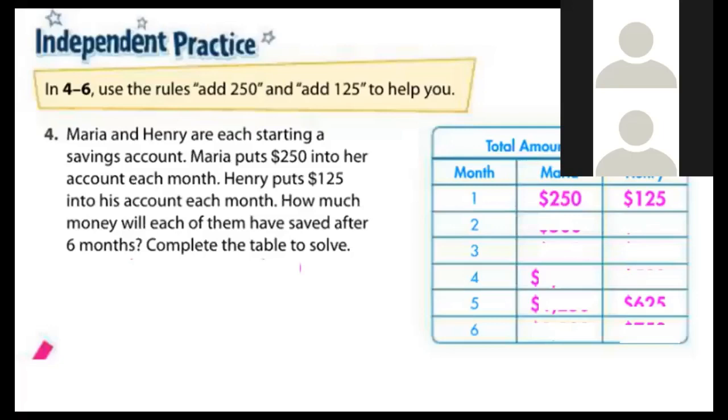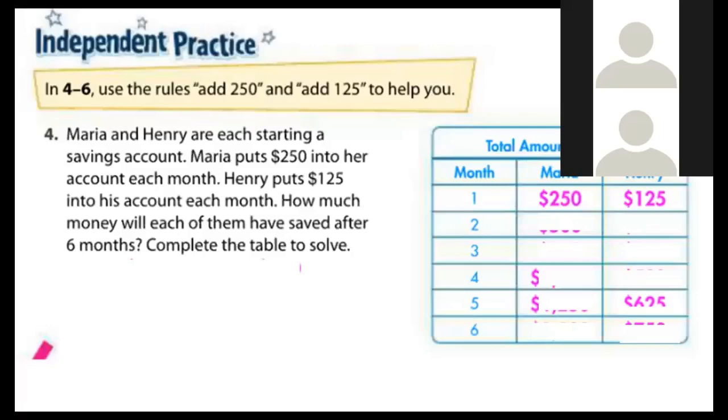250 and 125. So at first, or in the first month, the start point for Maria will be 250, and the start point for Henry will be 125. Let's see how. Maria and Henry are each starting a saving account.